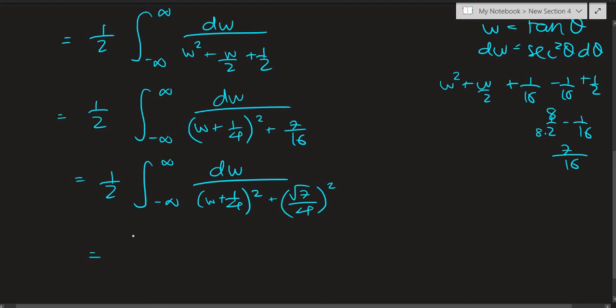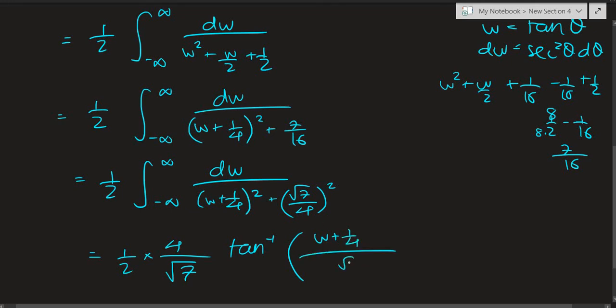Now by using the inverse tangent formula for integration, we have half of the reciprocal of this, so 4 by square root of 7 times the inverse tangent of this expression w plus 1 by 4 divided by this square root 7 by 4, and evaluated from infinity to negative infinity.